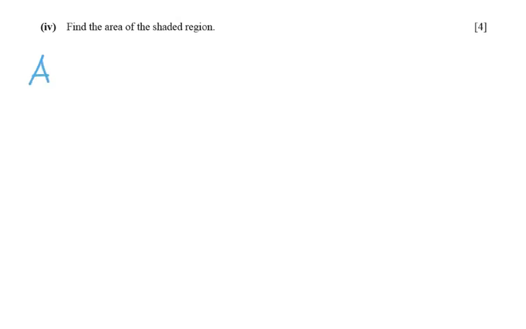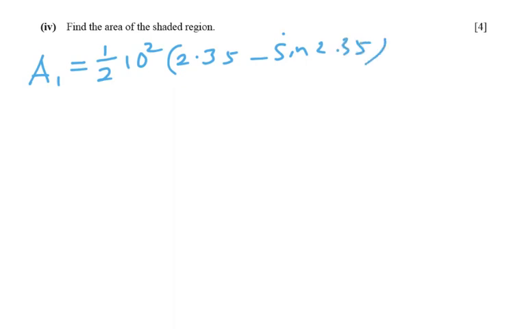So area of the segment for the smaller circle will be equivalent to 1 over 2, 10 to the power of 2, times 2.35 minus sine of 2.35, which is equivalent to 81.926.